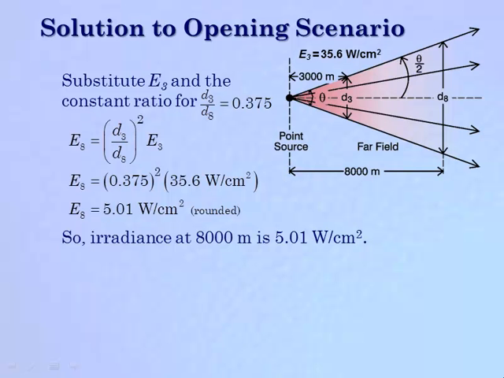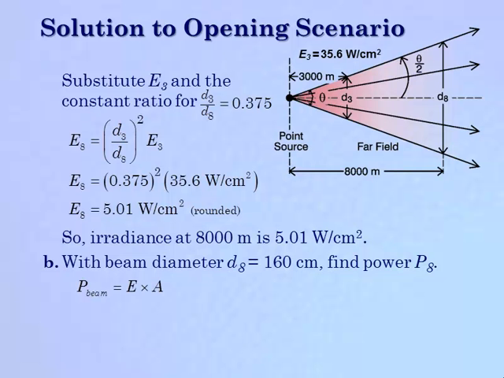With a beam diameter of 160 centimeters, we're asked to find the power at position 8. To do that, the power of the beam is equal to irradiance times its area. So the irradiance at 8, which we just figured out, and the area at 8, which we're going to calculate.